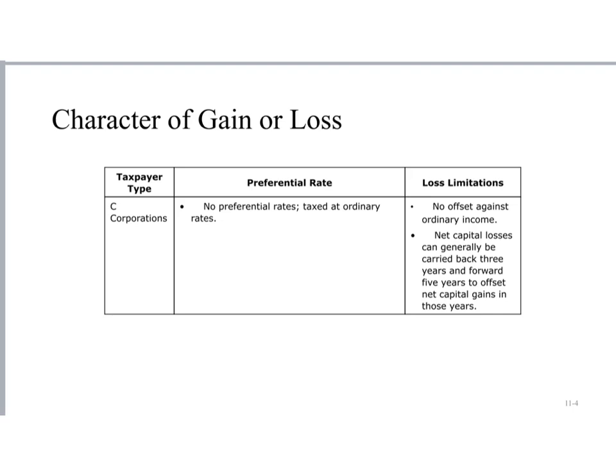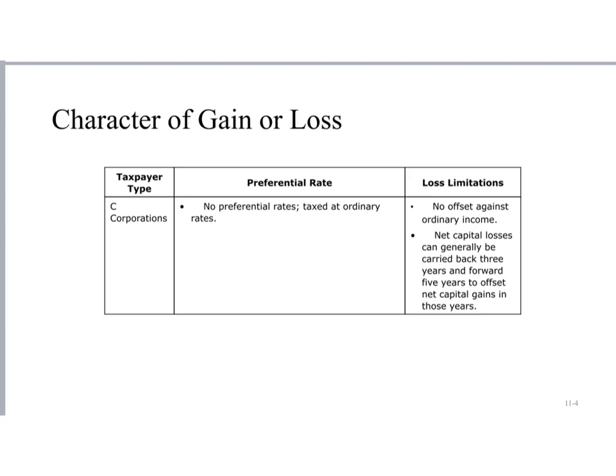All right. So we also then have C corporations. And we're not going to deal with C corporations nearly as much, but remember when you're talking about C corporations and capital gains and losses, that works a little bit differently than with individuals.